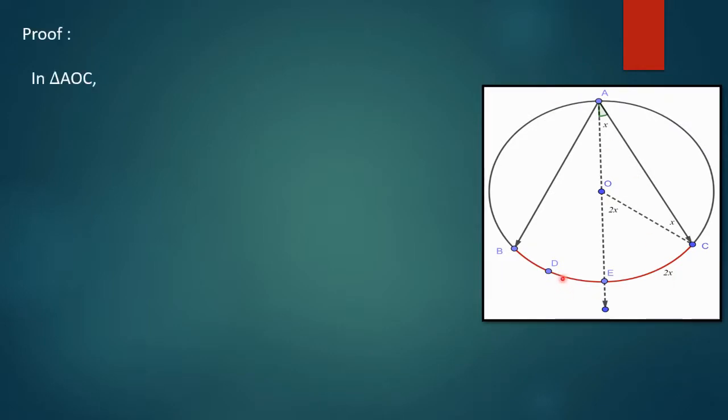In triangle AOC, side OA is congruent to side OC, the reason being they are the radii of the same circle.